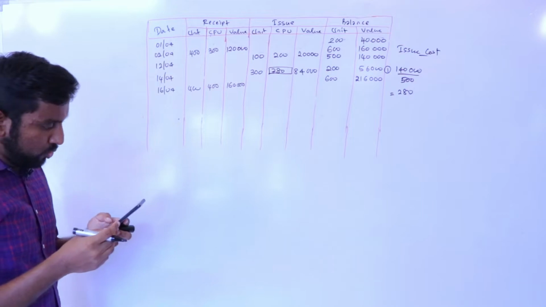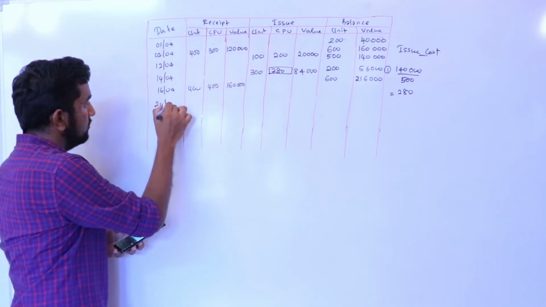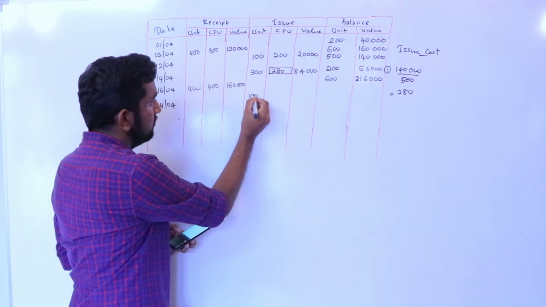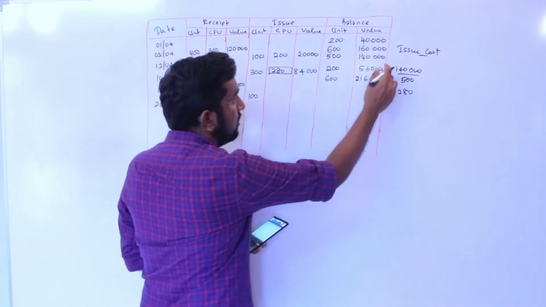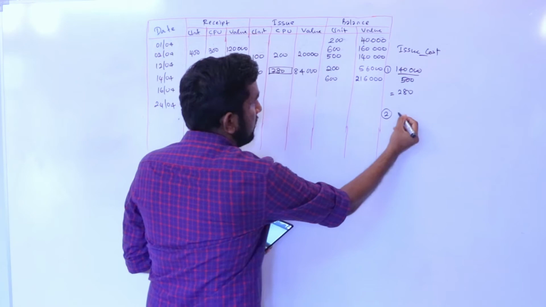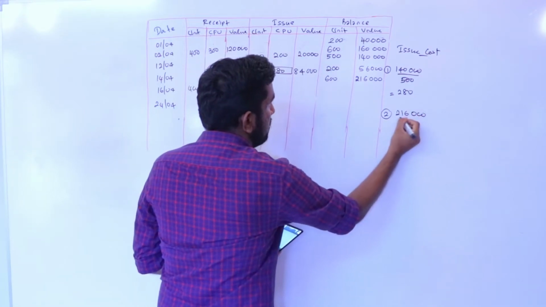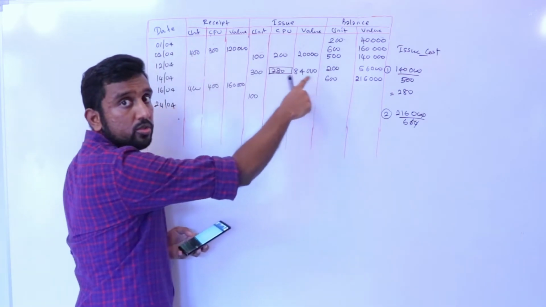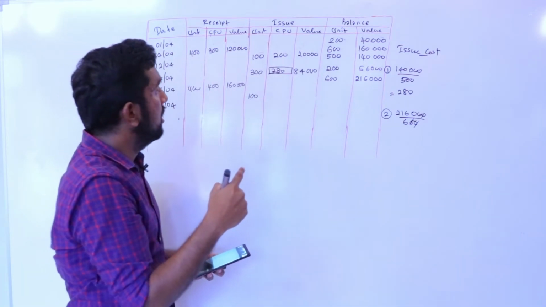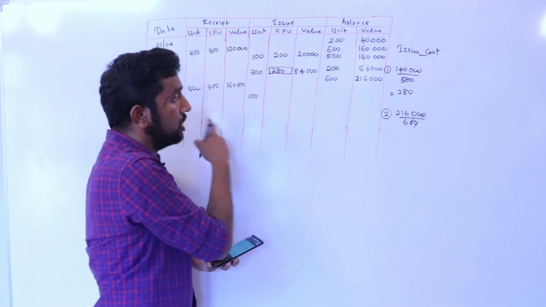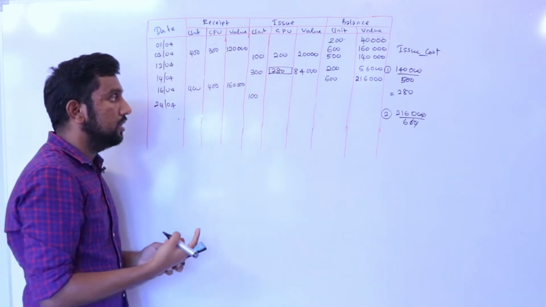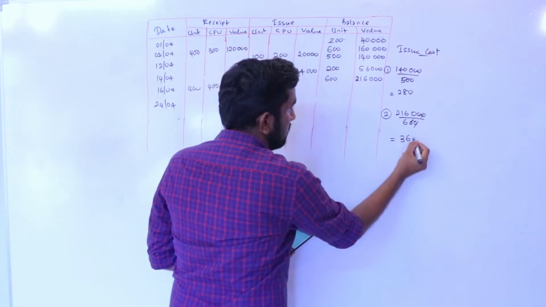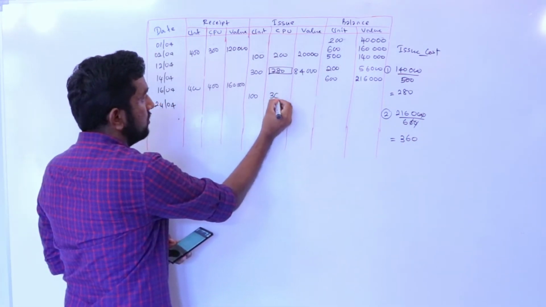Then we have an issue again on the 24th of 100 units. Again we have to find the issue price, the second issue price, which is 216,000 divided by 600. We have to find the issue price based on the date when the issue happened. So here it is 360.